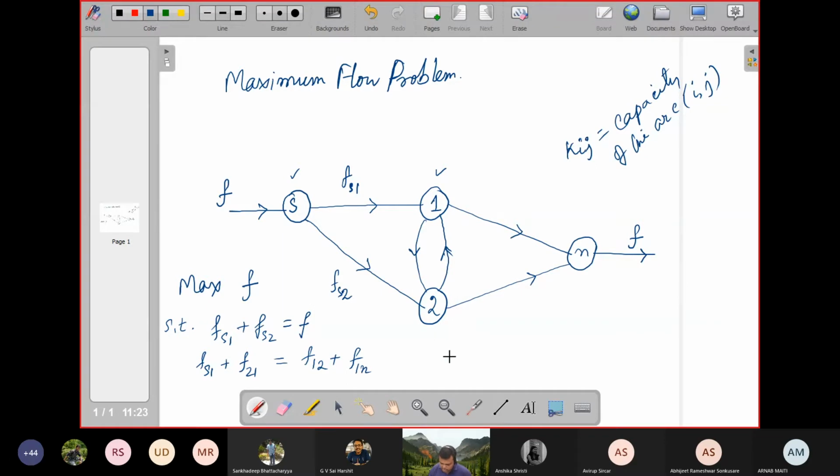Which are F21 plus F2n equal to Fs2 plus F12. Sorry, this one is written already. F12 only, sir.